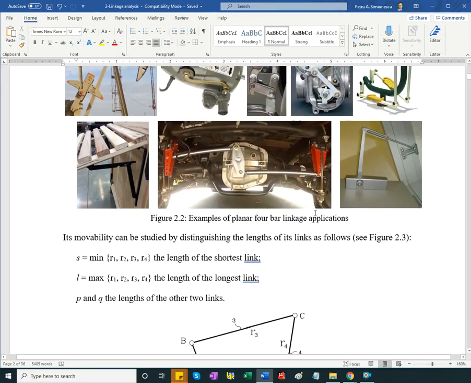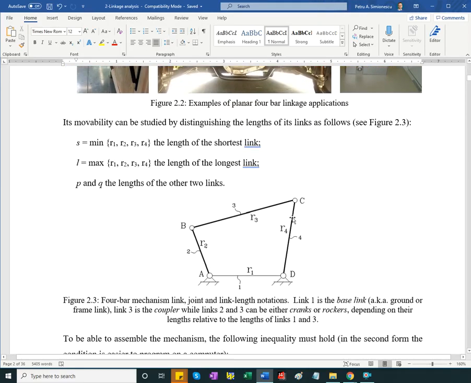In our analysis, here's a skeleton diagram. We're going to label links and joints. So R2 will be the length of link 2, R3 the coupler, R4 the other link to the ground, R1 is the distance between the ground pin joints. It is the base link.